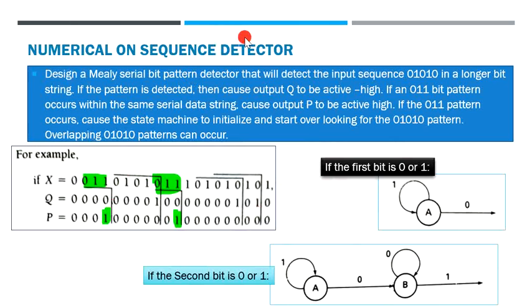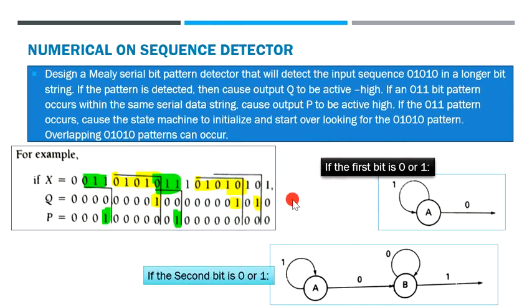Also, you can see that if an input sequence 0 1 0 1 0 is detected, then Q is equal to high. So 0 1 0 1 0, that is together you have Q equal to high. So again, if I consider this sequence, you can see that this will also be high. So let us begin with the design.